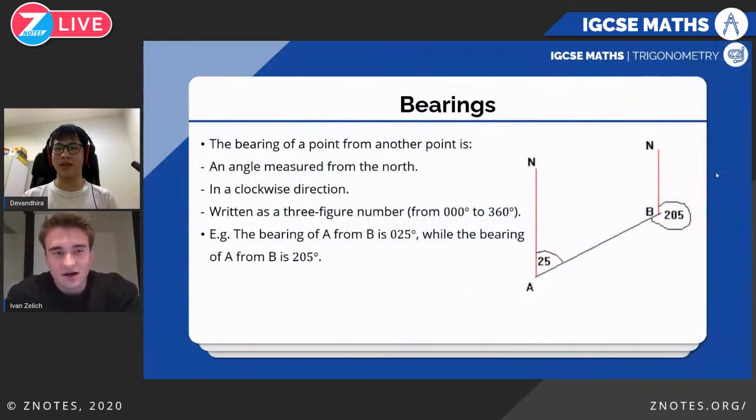So bearings. A bearing of a point from another point is an angle measured from the north in a clockwise direction.